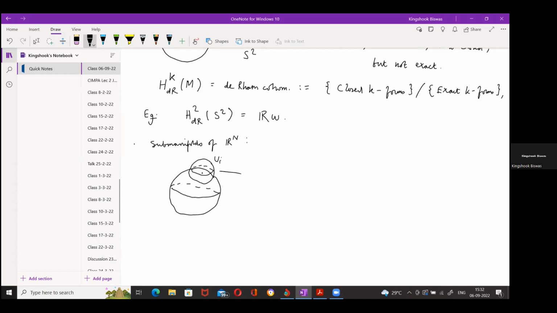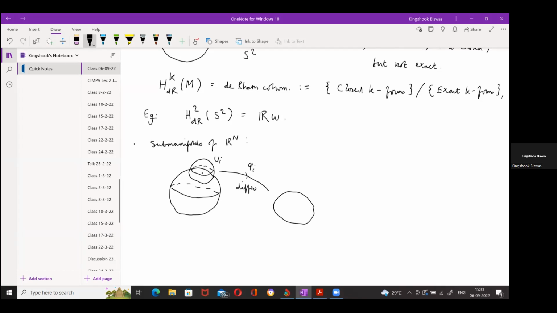And I have a diffeomorphism phi_i which straightens out the manifold. This is going to map to some other open subset in R^3.